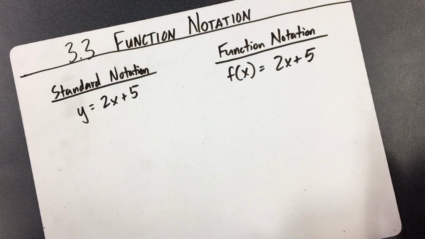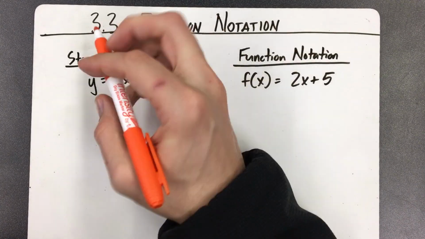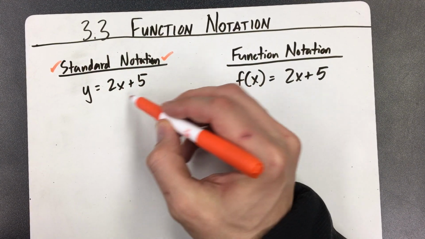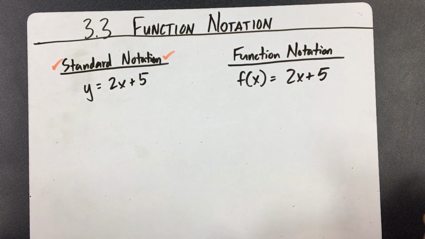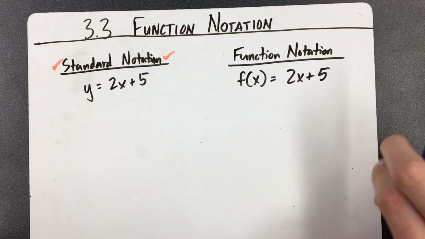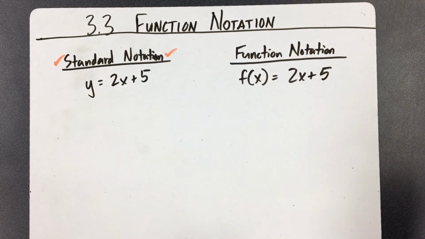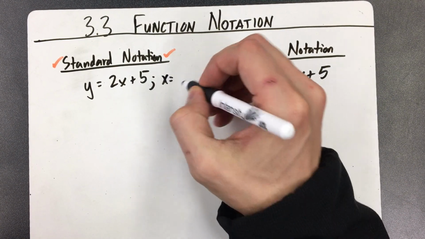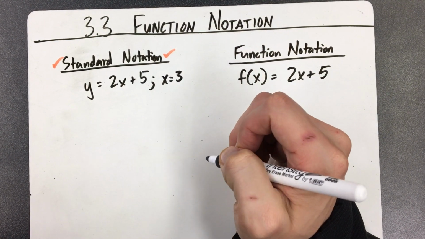So you guys are used to seeing equations like this. This is what we call standard notation over here, where it's just y equals something x plus whatever, right? This is a very basic format, a format you see a lot. Those of you who did the little warm-up questions the last day we were in school, remember how they would say, okay, take this equation and plug in 3 for x and solve it, right?